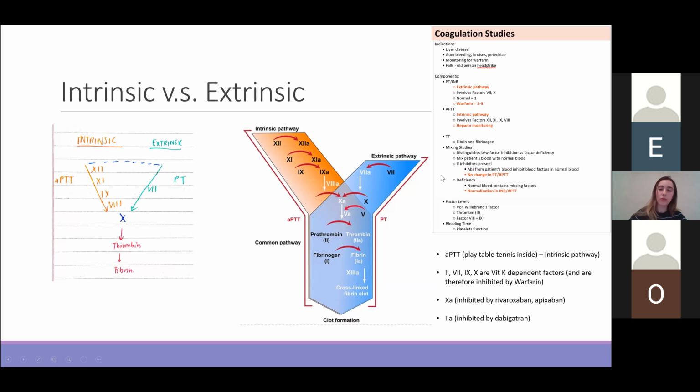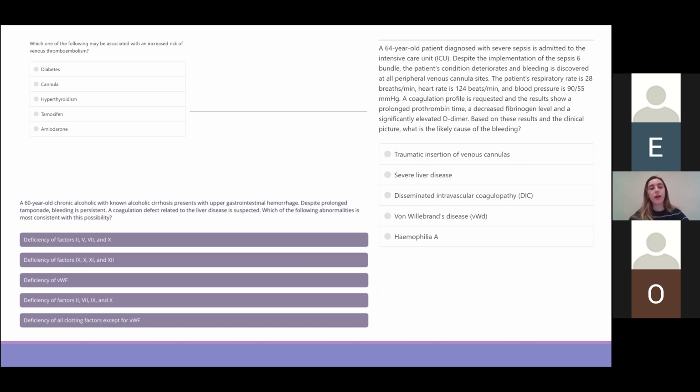It's definitely useful for year 3, but I'm not sure as much for year 2. It might be nice to know about mixing studies and whether things normalize or not, but I won't go into it because it takes a little bit to explain.